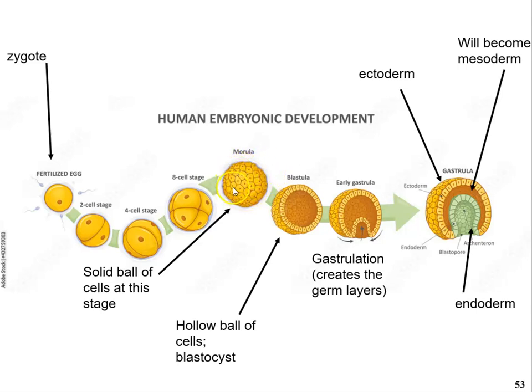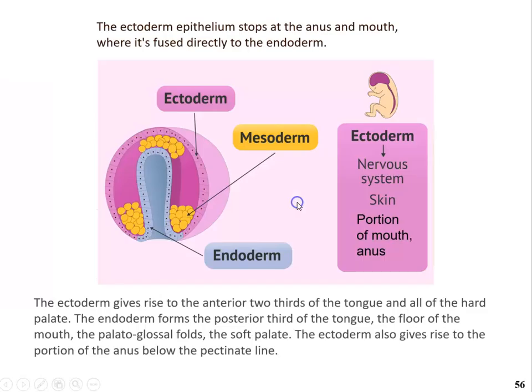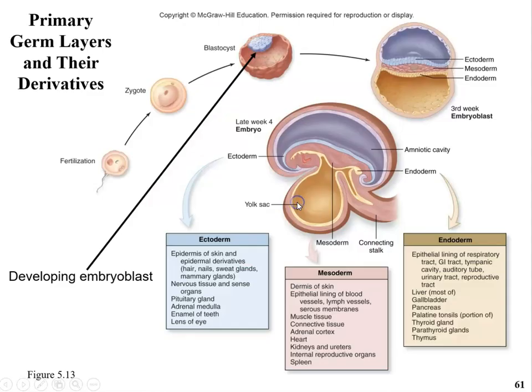The morula goes on to divide more and more, and it hollows out. And now you have a hollow ball of cells, and this is called the blastocyst. And I think I have a better picture of the blastocyst here. You can see this ball of cells in the blastocyst is the embryoblast, and this is going to go on to develop into the embryo.